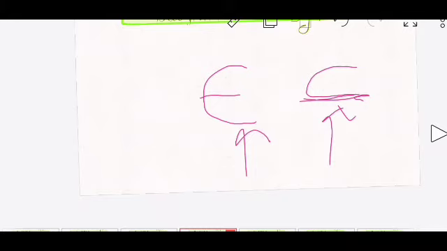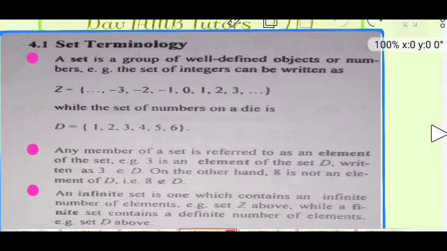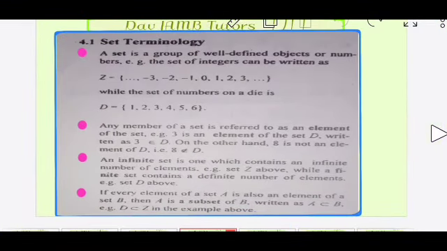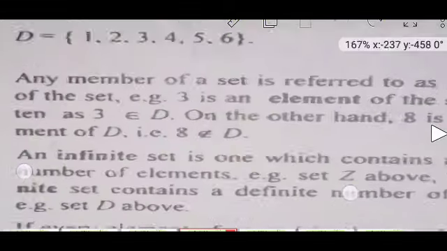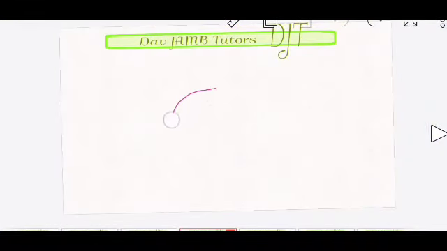You will meet them as we go on in the lesson. The next example said 3 is an element of D. On the other hand, 8 is not an element of D. That is, 8 is not an element of D. So this means it is not an element, and this means it is an element.